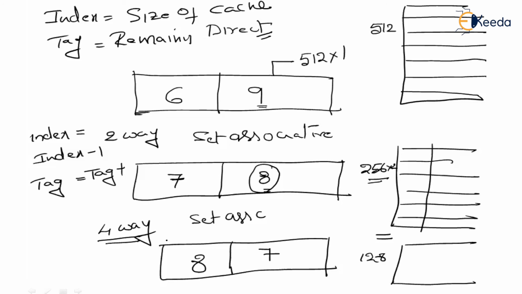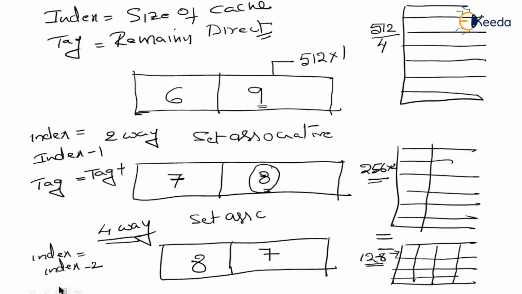In four-way set associative mapping, since every location has 4 words, the number of sets will be reduced to just 128, that is 512 divided by 4. 512 divided by 2 is equal to 256, and 256 divided by 2 is equal to 128. Here in four-way set associative mapping, every location has 4 words, so index is equal to index minus 2, and tag is equal to tag plus 2.